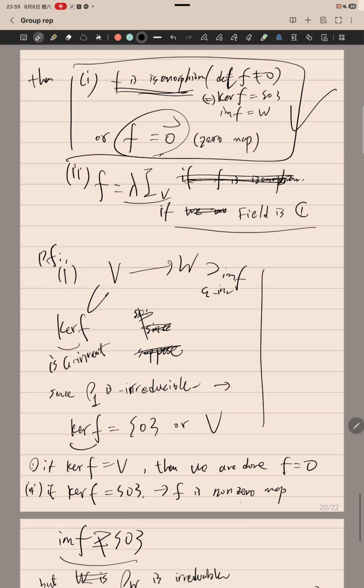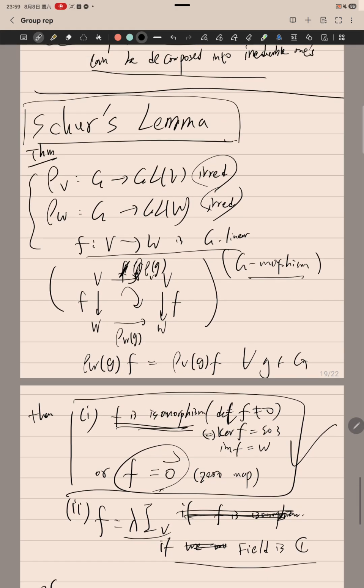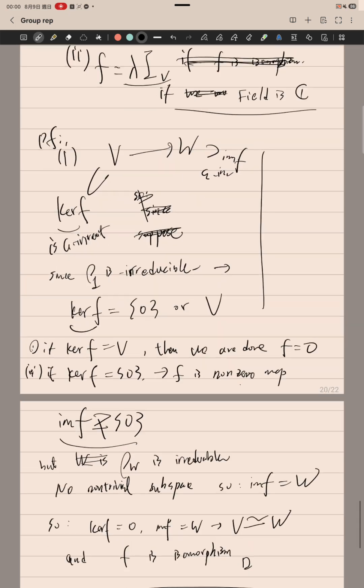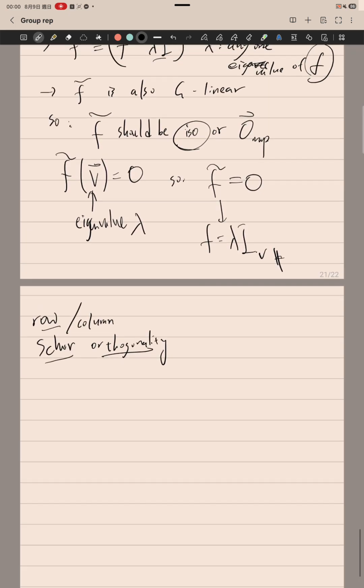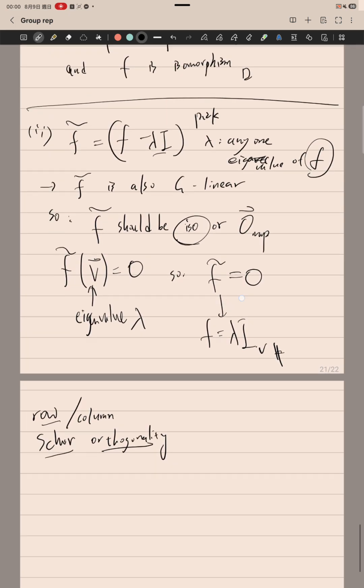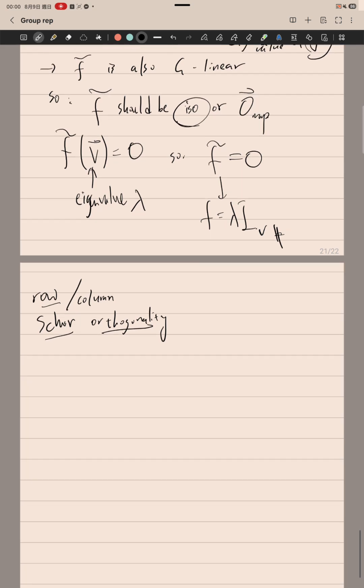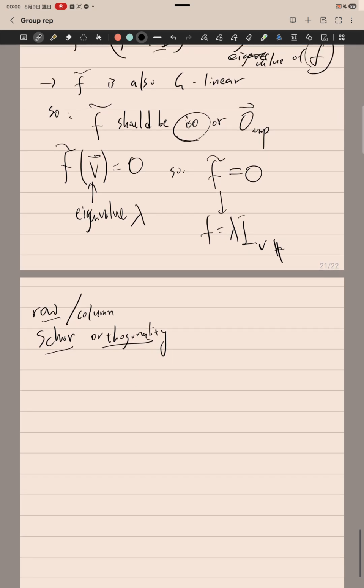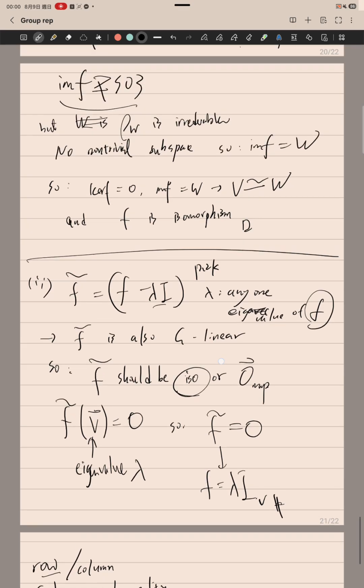You can see that this is very strong. It says that if you have two irreducible representations, there is almost no non-trivial G-linear map. And this will give us very strong constraints on the different irreducible representations.